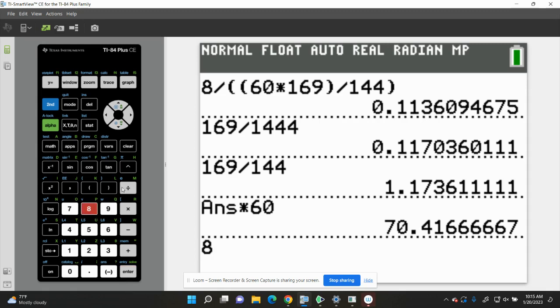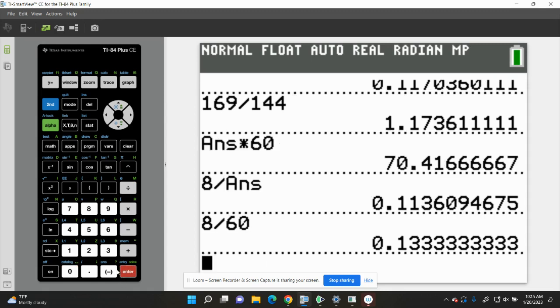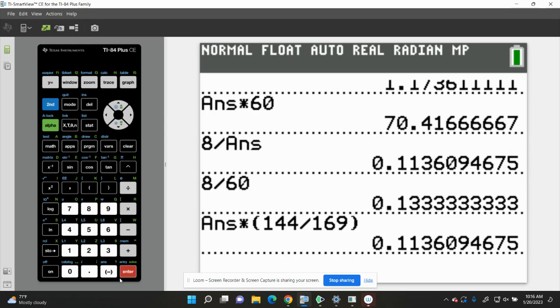Let me go back and look in my notes. I did 8 divided by 60, and because you're dividing by a fraction, you flip it. 144 divided by 160. Even I tried flipping it and multiplying it.